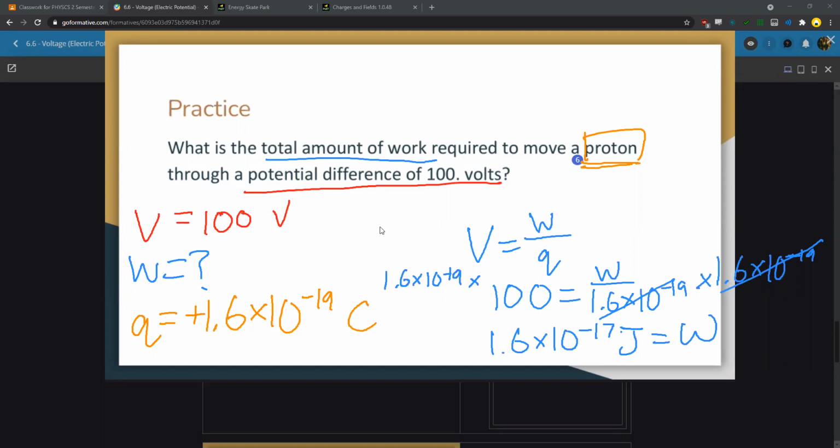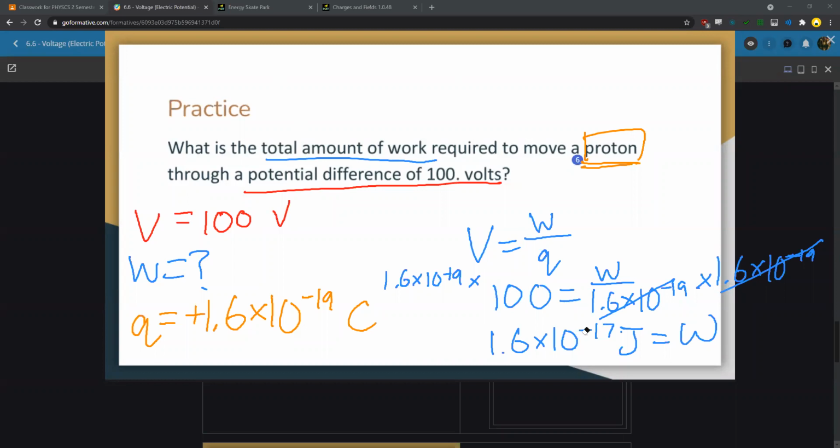Why negative 17? Because you're multiplying it by 100. 100 is basically 1 times 10 to the 2. Are you asking me why I'm not doing like 1.6 times 100 is 160, and then you do 160 times 10 to the negative 19? It's just because you're multiplying it by 100.